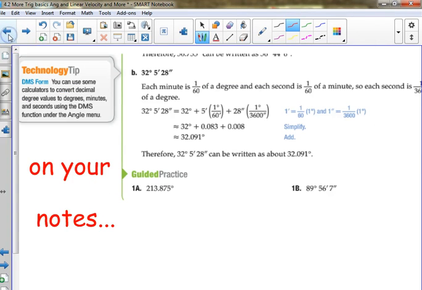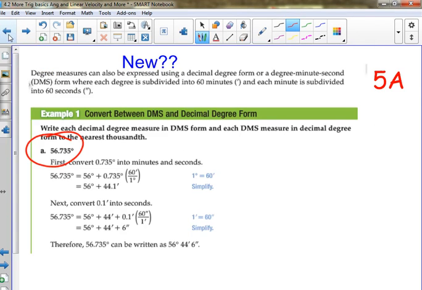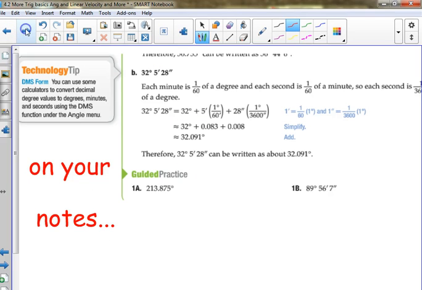The other direction is much trickier on your calculator, and to be honest, I always do it by hand. But I don't expect you to. Okay, this is 32 degrees, 5 minutes, and 28 seconds. How many seconds in an hour? This is really important. In an hour on the clock, how many seconds? It's not 60, right? It's 60 times 60 because there's 60 seconds in every minute and 60 minutes in an hour.